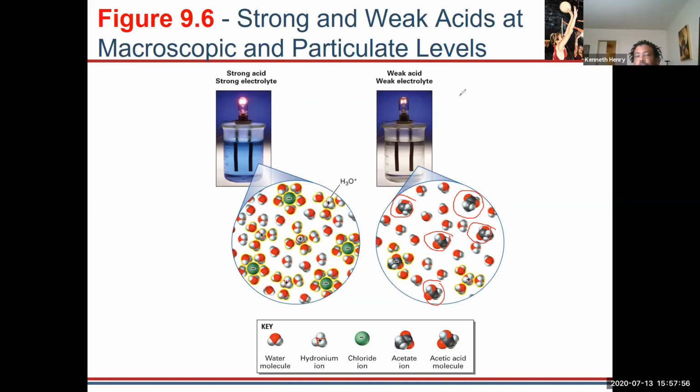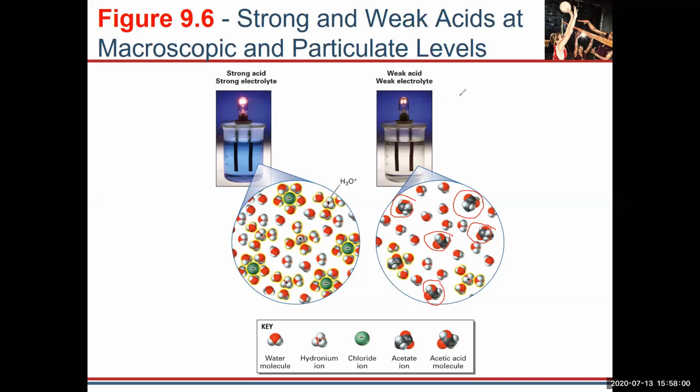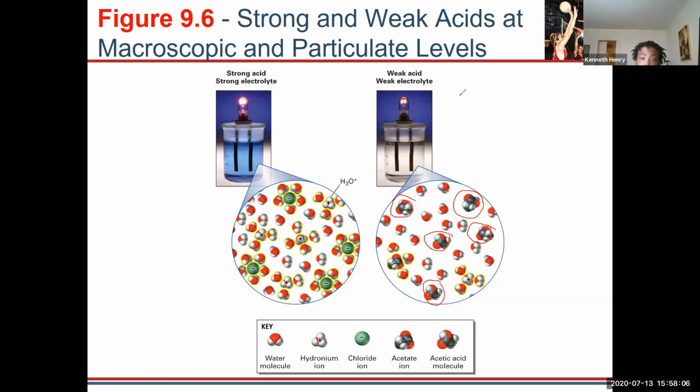So what is a characteristic of a strong acid? Is it the H3O plus? Well, isn't that also a characteristic of a weak acid? Doesn't it also form some ions?